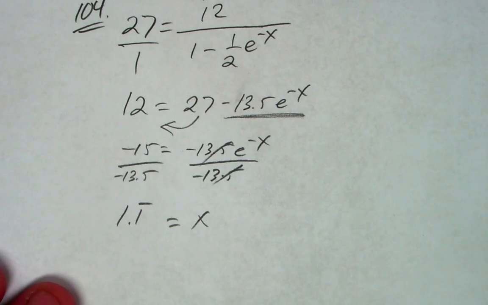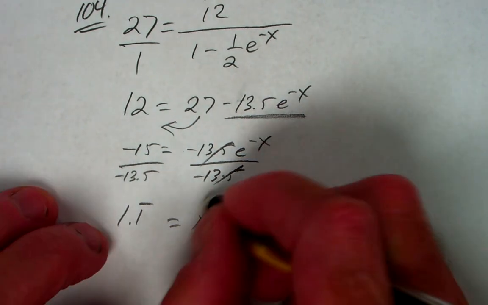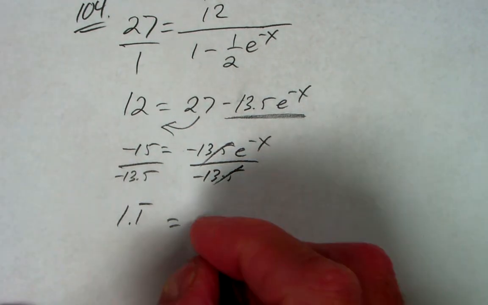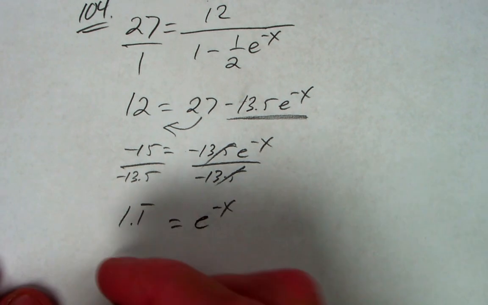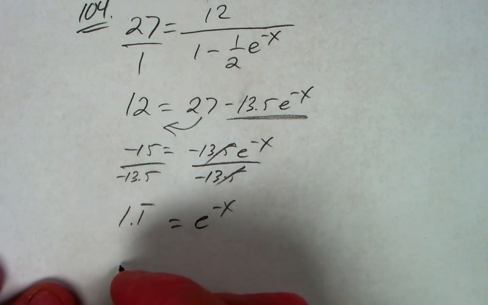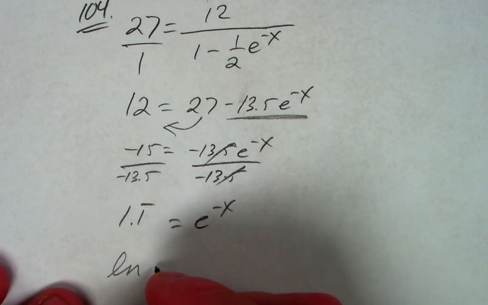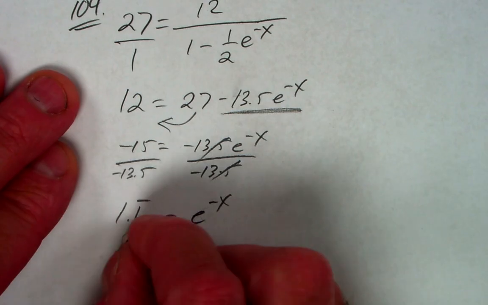Okay. Not x equals e to the negative x. Then you raise them both to the natural log. I could go ahead and take the natural log of both sides if I wanted to, but here's what I'm going to do. Oh yeah, I'll just do it this way.